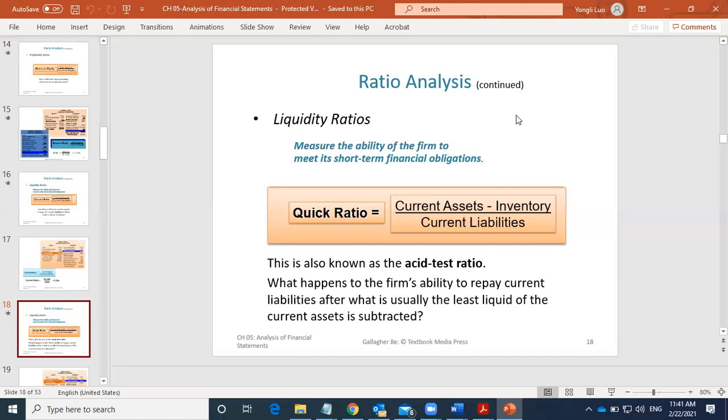So you need to exclude the inventory. So the quick ratio has to be greater than 1. Usually we need that ratio to be greater than 1 at least. Okay, also called the acid test ratio.